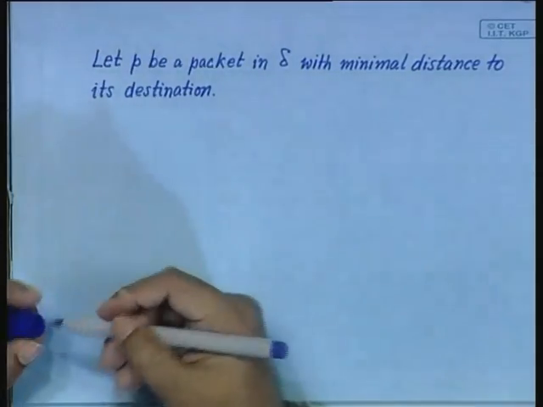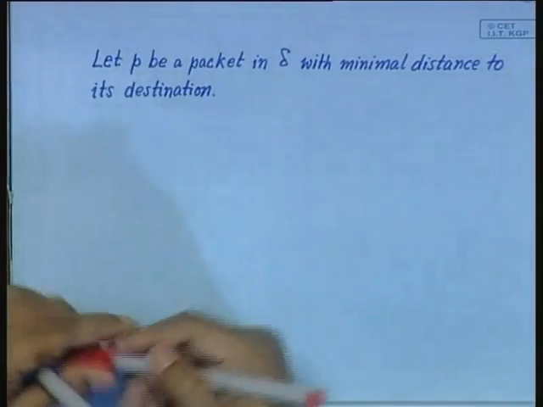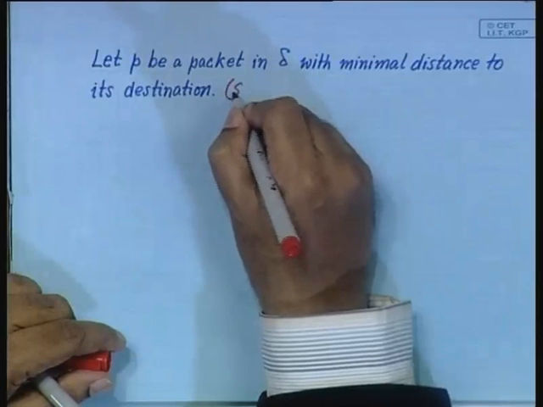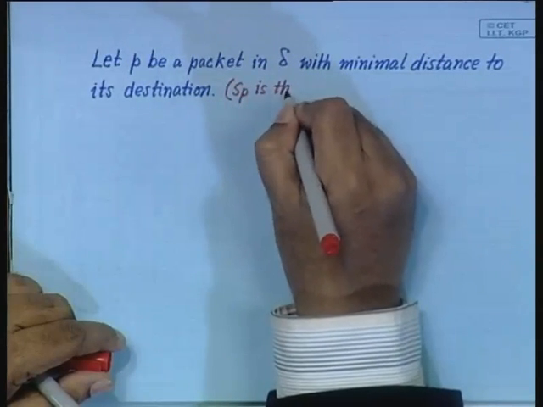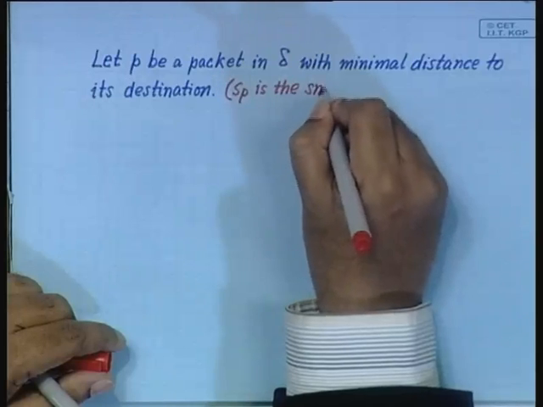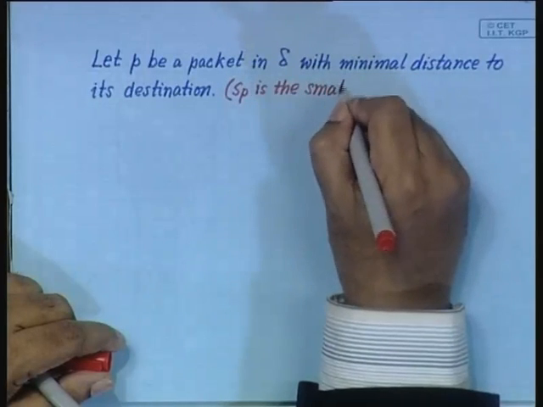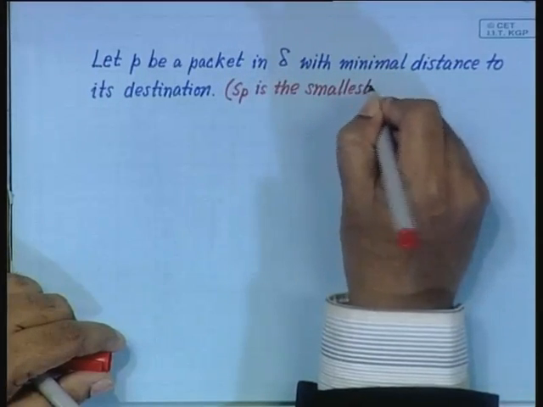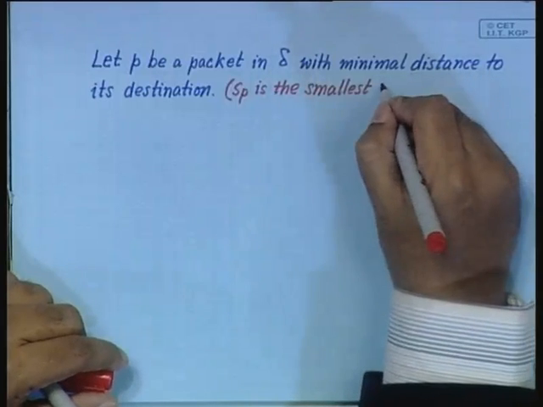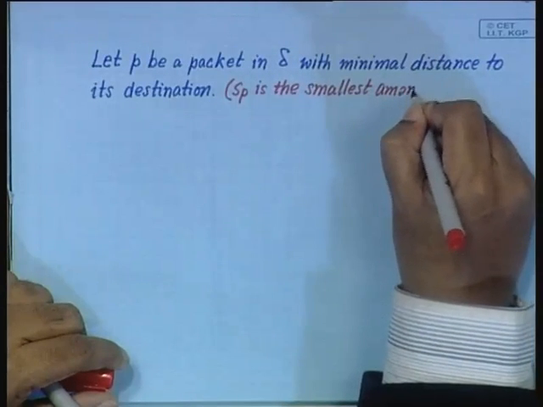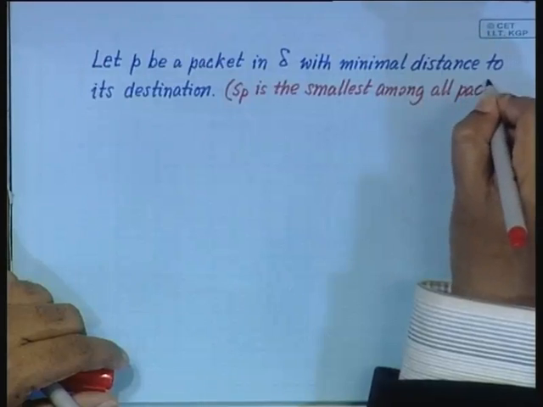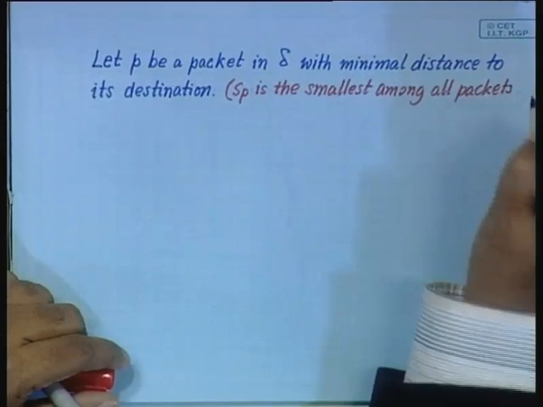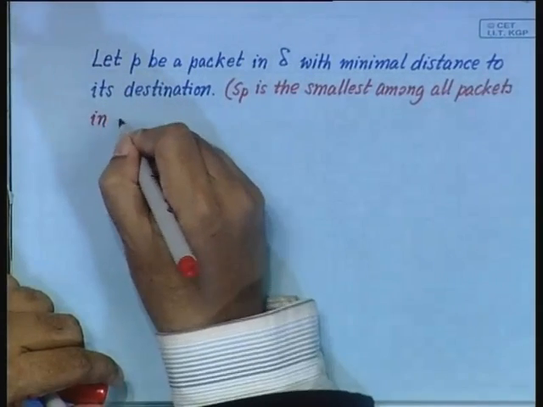Which means, what does this mean? This means that SP is the smallest among all packets in delta.